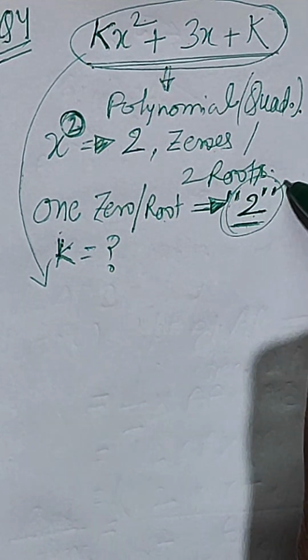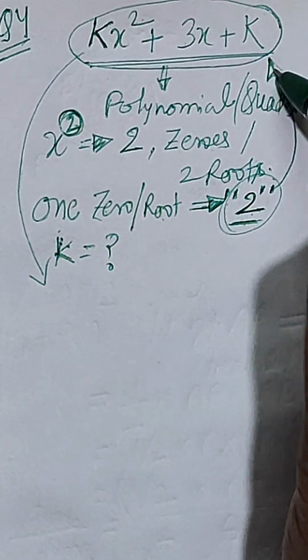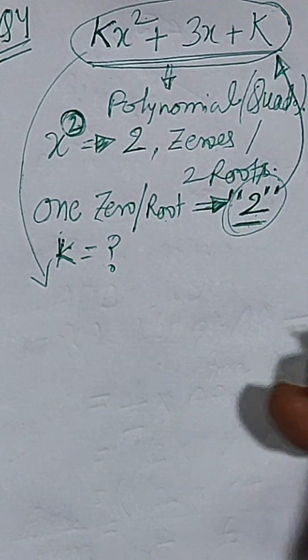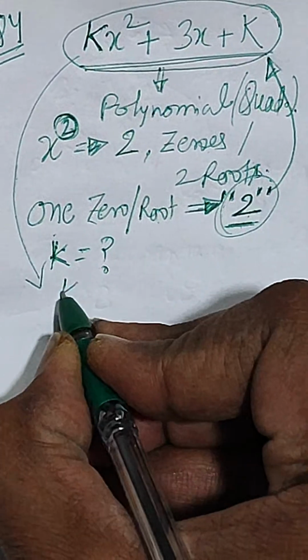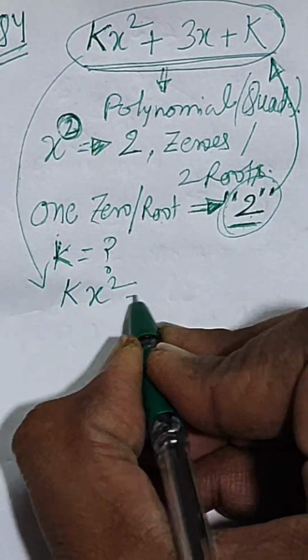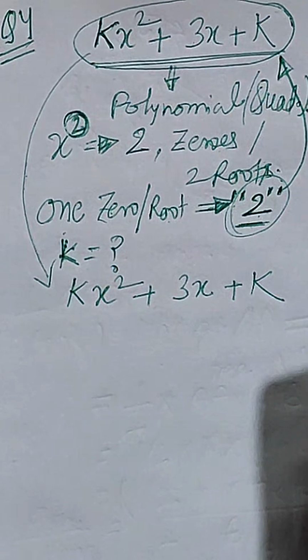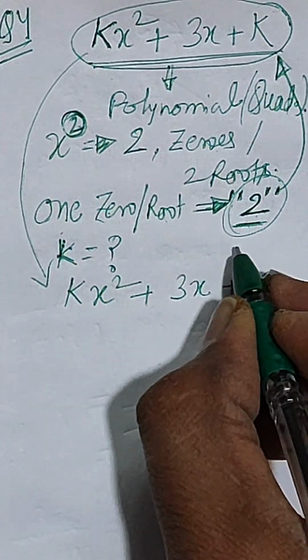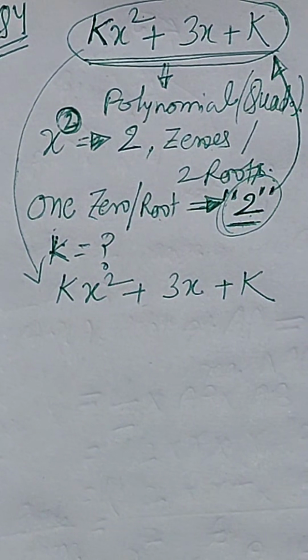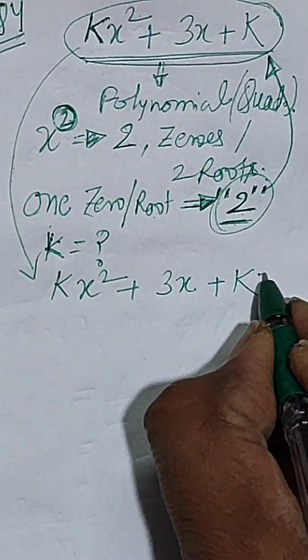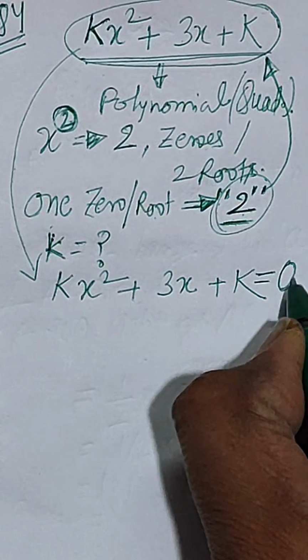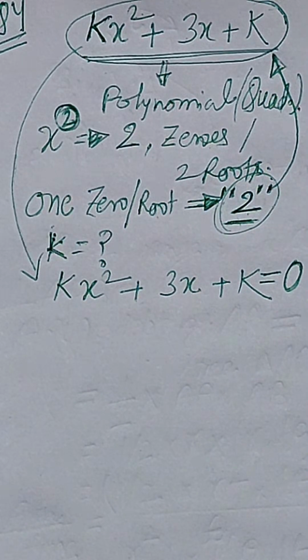If 2 is substituted into it, then what will happen? The kx square plus 3x plus k, when you substitute it with one of the zeros, the value of this will be equal to 0, right?